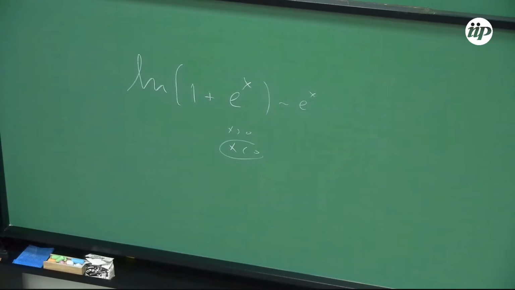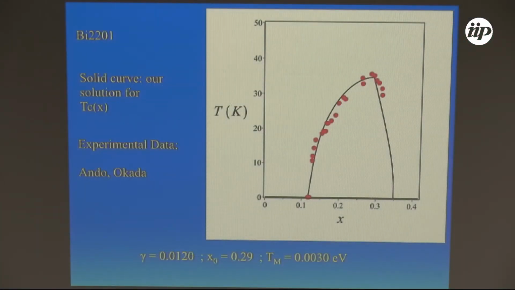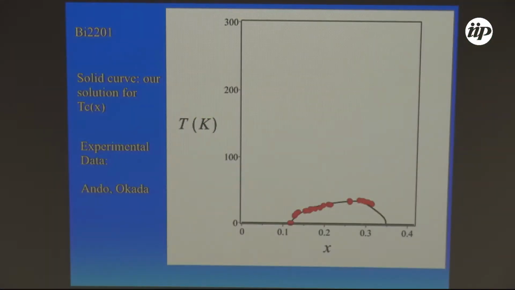And then I plot, again adjusting just this gamma parameter and entering x0 and t maximum. This is the comparison with the experimental data for single-layered bismuth. This is the same expression on a scale of 300 Kelvin. It's exactly the same, just the scale is different. So you see, it's quite good.